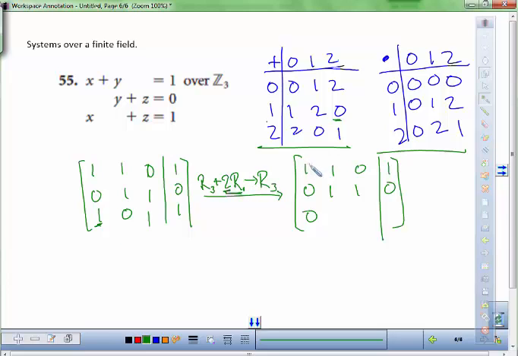So I need 2. 2 times 1 is 2. 2 plus 1 is 0. So that's where this one comes from, and that's where this one comes from. The next one will become 2, I think. So 2 times 1 is 2, plus 0 is 2.